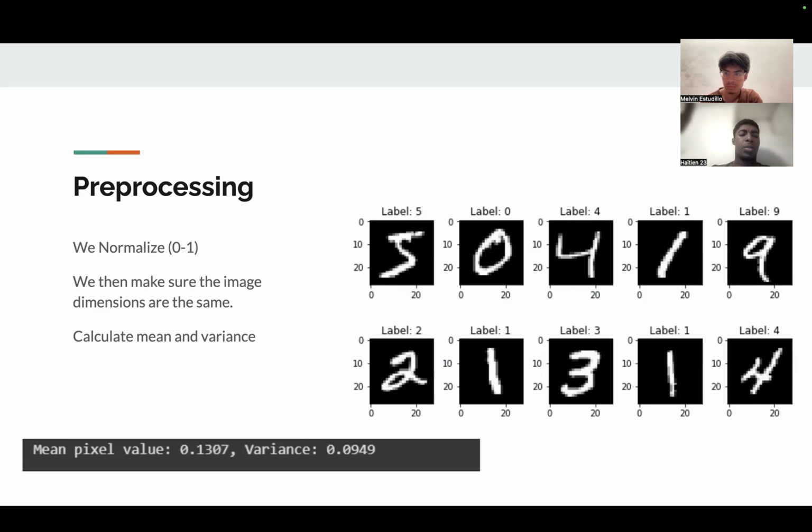Additionally, after doing these two steps, the normalization along with restructuring the dimensions, we also decided to calculate the mean and variance, whose results are shown at the bottom.